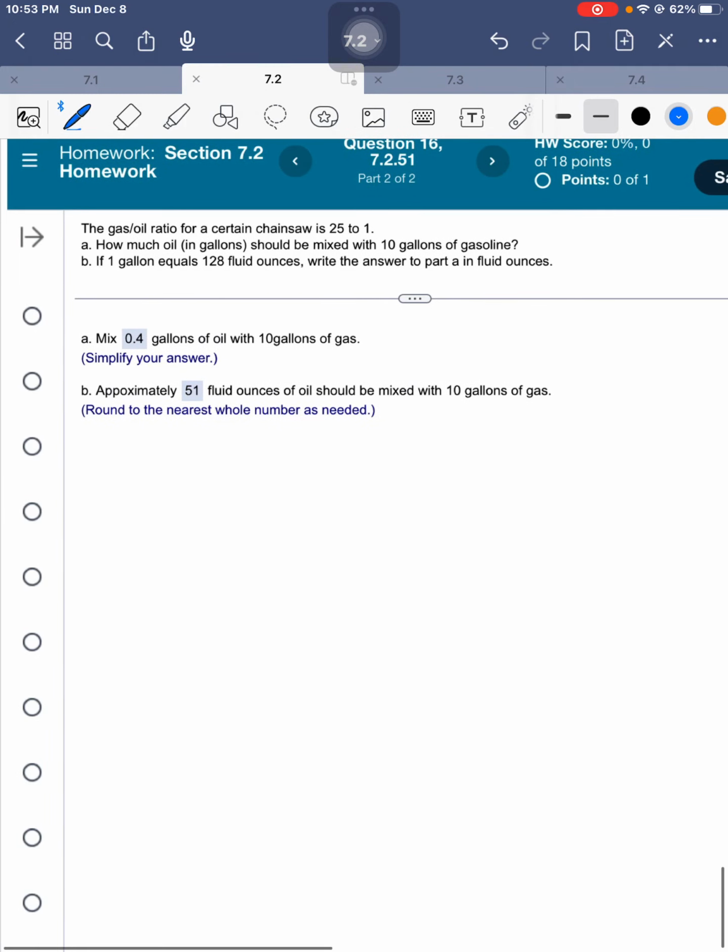Okay, last one. The gas/oil ratio for a certain chainsaw is 25 to 1, so 25 gas per 1 oil. How much oil should be mixed with 10 gallons of gas?